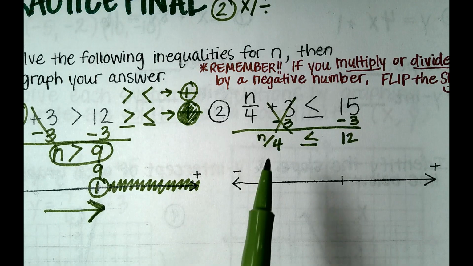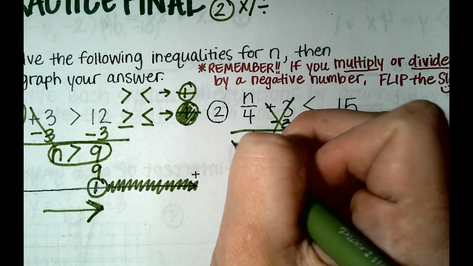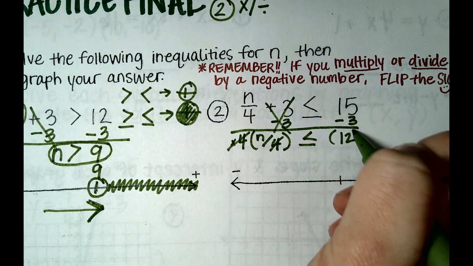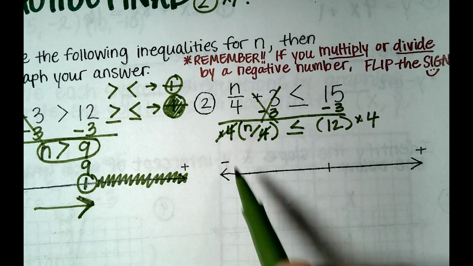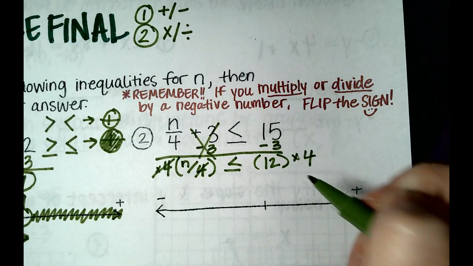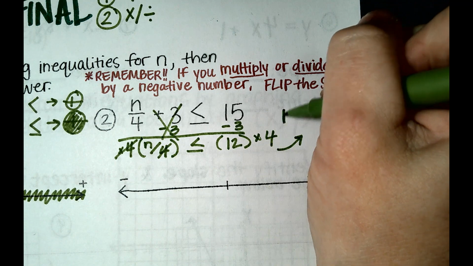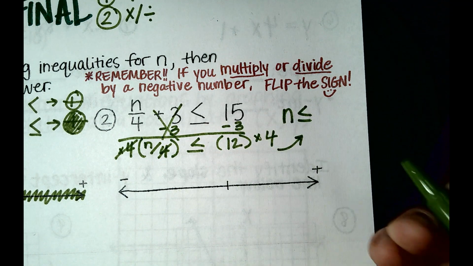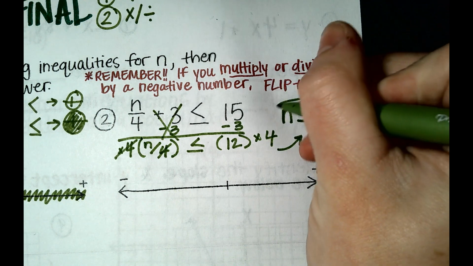Now I want to get rid of this division. The opposite of division is multiplication. So I'm going to multiply by 4 to cancel it, and I'm going to do the same thing over here. Good. So now I have n by itself. I'm going to rewrite this. I didn't give you quite enough room. I have n is less than or equal to 12 times 4, which is 48.